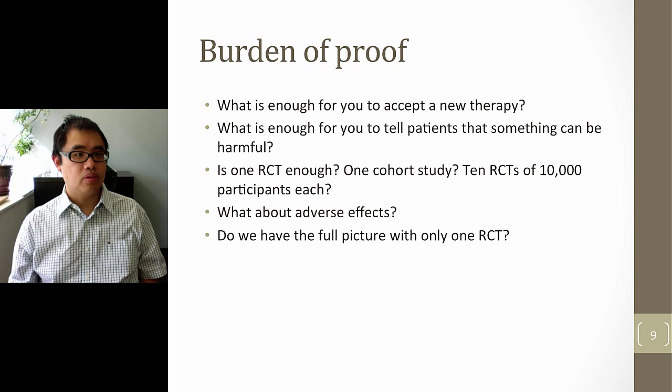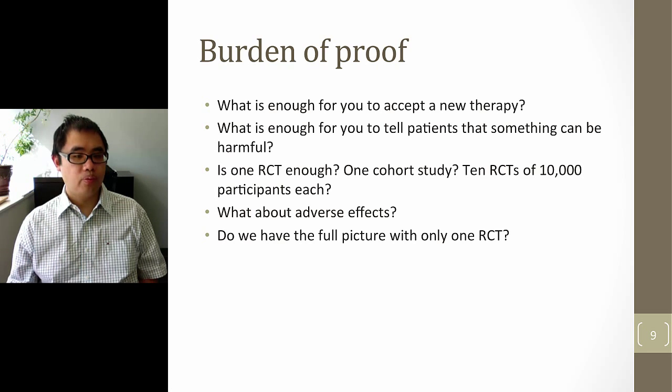So as an example, what is enough for you to accept a new therapy? So what is enough for you to tell patients that something can be harmful? Is 1 RCT enough, or 1 cohort study? Or how about 10 RCTs of 10,000 participants each? What about adverse effects? How do we determine whether a drug or a therapy causes certain adverse effects?